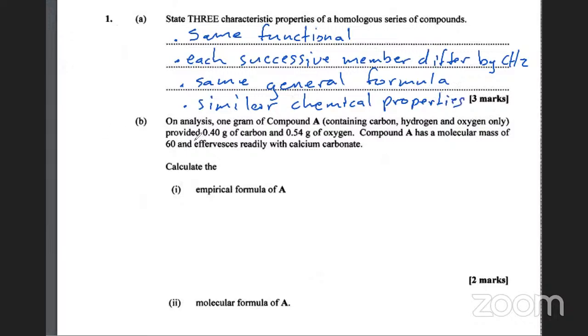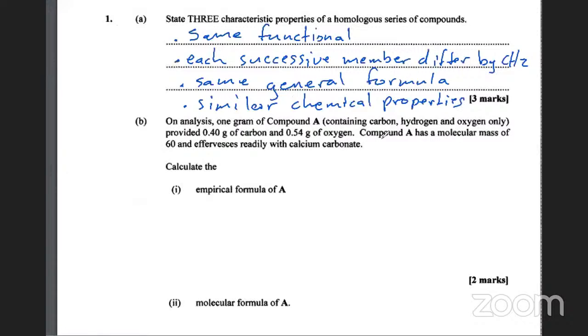All right, so moving on. This is 20. On analysis, 1 gram of a compound containing carbon, hydrogen, and oxygen provided 0.4 gram of carbon and 0.5 gram of oxygen. Compound A has a molecular mass of 60.